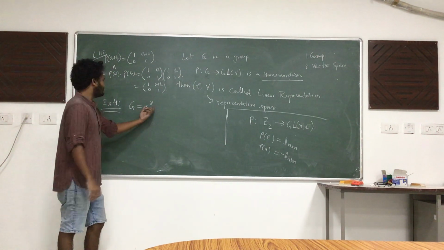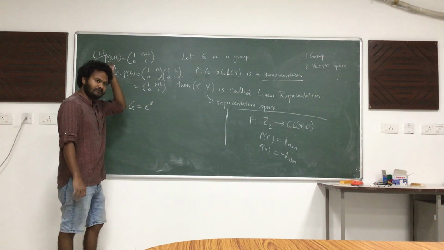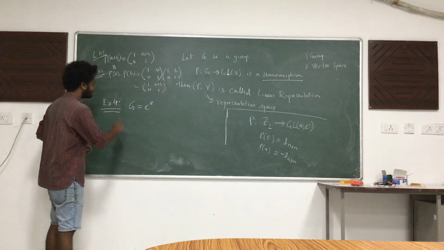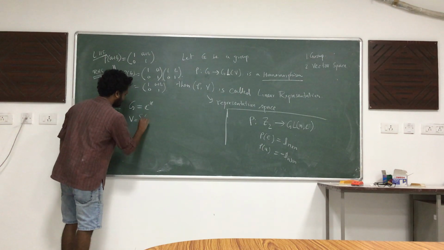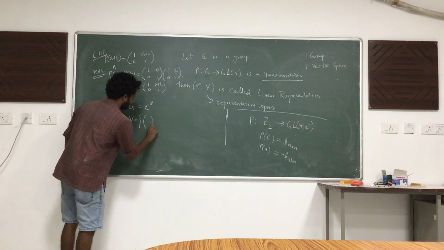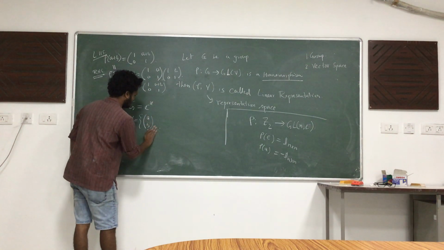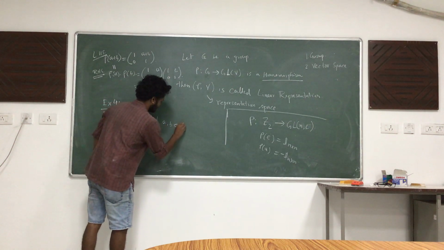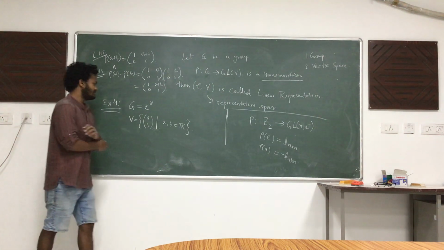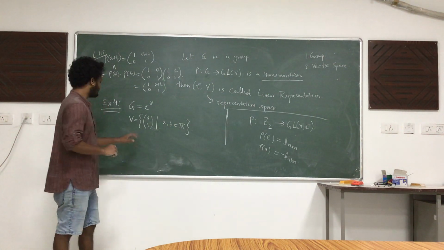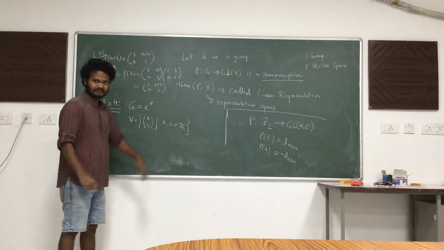So this is a group under normal multiplication. And let us say V is R2 here, and let us say (a, b), so it's basically all the 2 by 1 real column vectors. So this is a vector space over the field R.